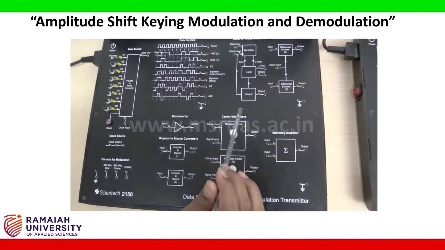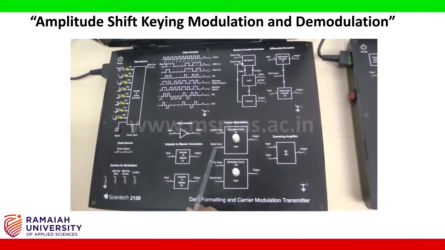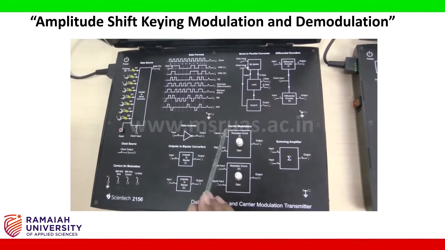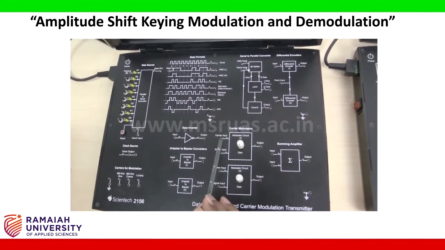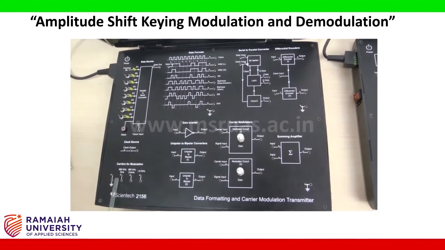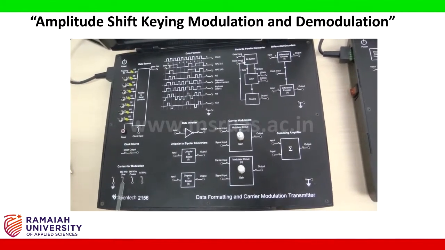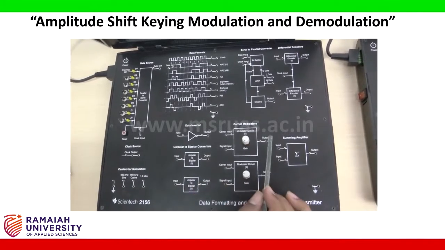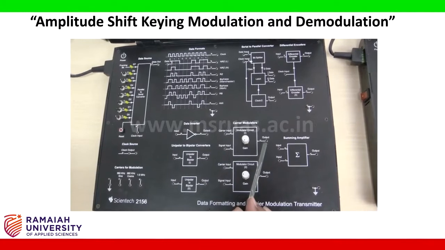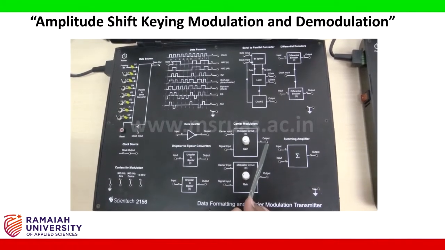Here in carrier modulation, there are two inputs. The signal input will be the output of the line coding scheme, and the carrier input is fed from these carrier signals. I take the 960 kHz sine wave as the carrier signal, and the output of this would be the amplitude shift keying modulation scheme output.